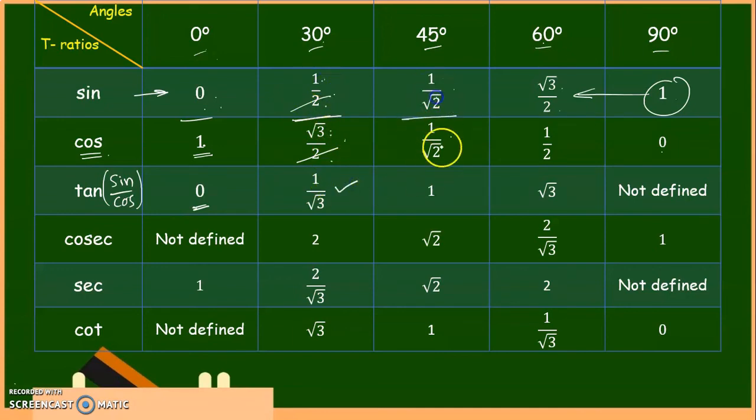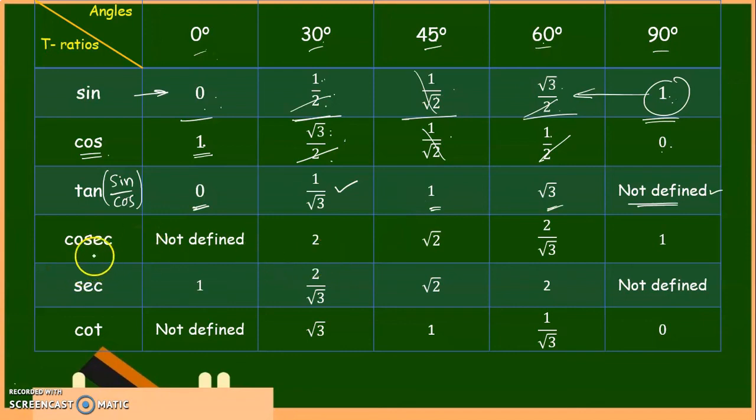Here if you divide 1 by root 2 and 1 by root 2, it will be cancelled out. So we get tan 45 is 1. Here if you divide root 3 by 2 and 1 by 2, the 2 cancels, so root 3 by 1 is equal to root 3. And if you divide 1 with 0, which is not possible, the division of any number with 0 is not possible. So the value of tan 90 is not defined.